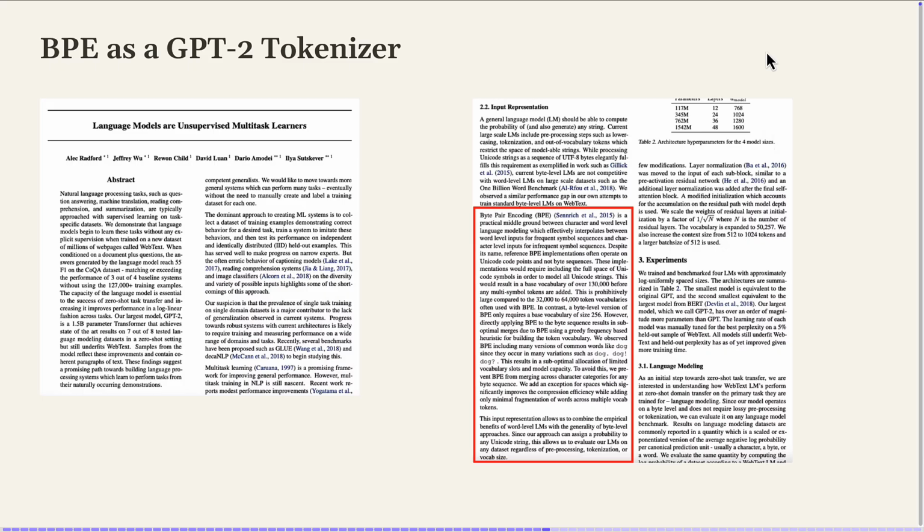BPE focuses only on frequency and does not take anything else into consideration. So when the language is very complex and there are several awkward words, it may result in suboptimal solutions. And of course these things are usually based on observation. Maybe they try to run BPE and they find suboptimal solutions.